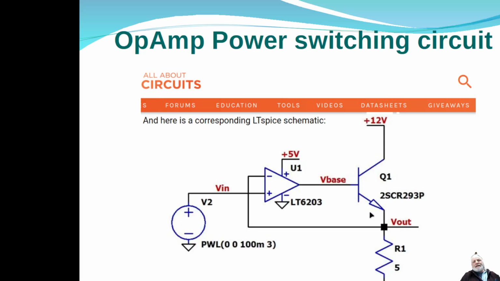And so that would be a 1, and that's going to turn this on. But notice the current is coming through here. There's no current coming through the negative input of the op amp. So all the current is being driven by this separate 12 volt supply.